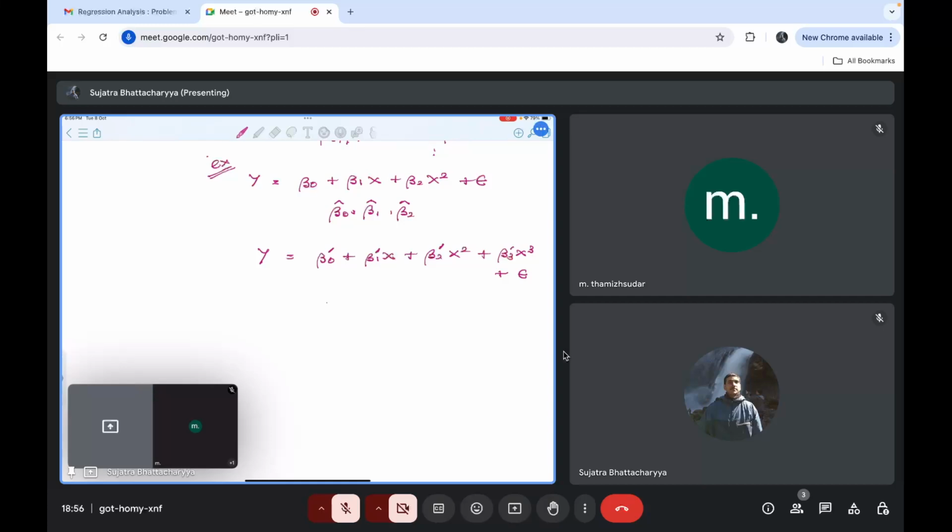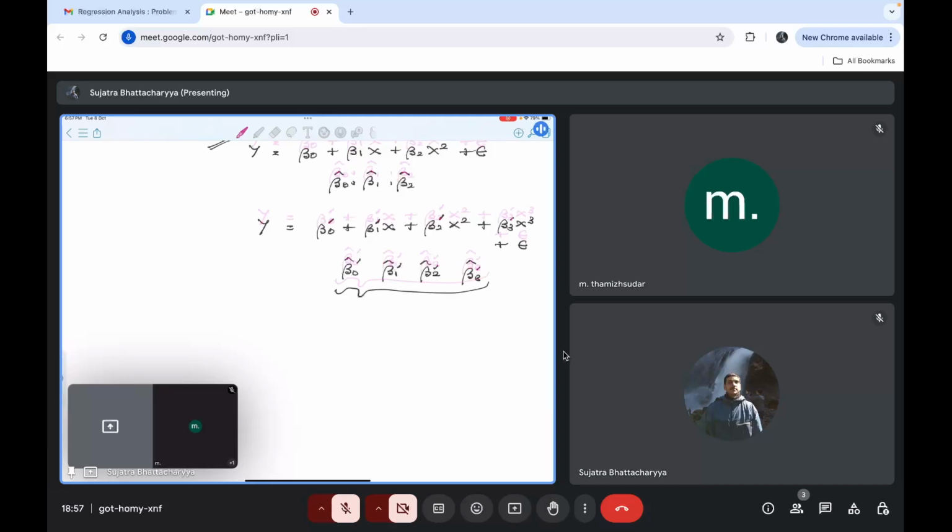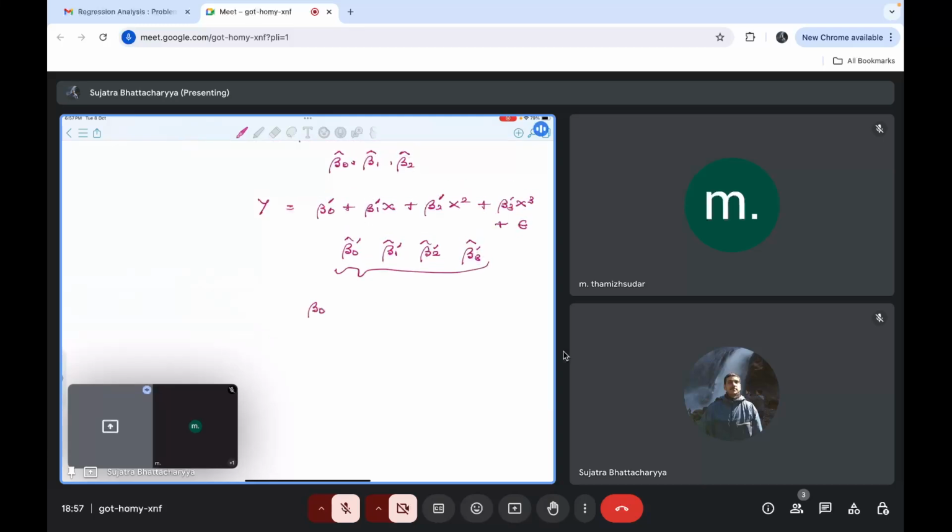Now you cannot use this. Now these will be beta naught dash hat, beta 1 dash hat, beta 2 dash hat, and beta 3 dash hat. These are the four coefficients. Important thing is that your beta naught hat will not be equal to beta naught dash hat.